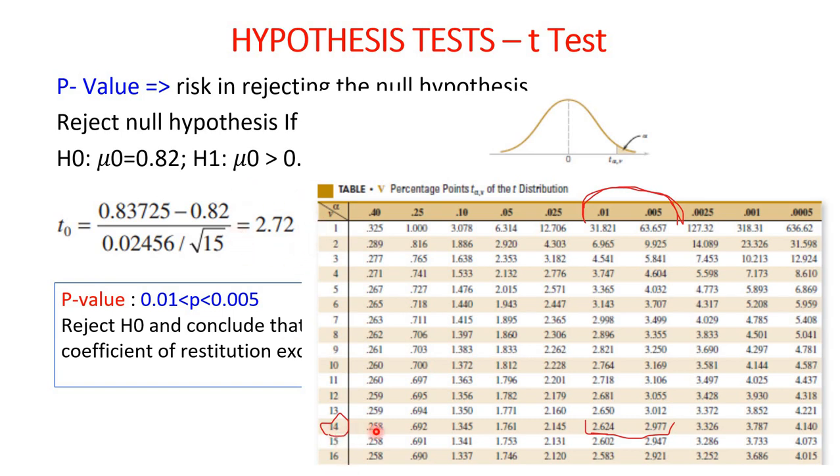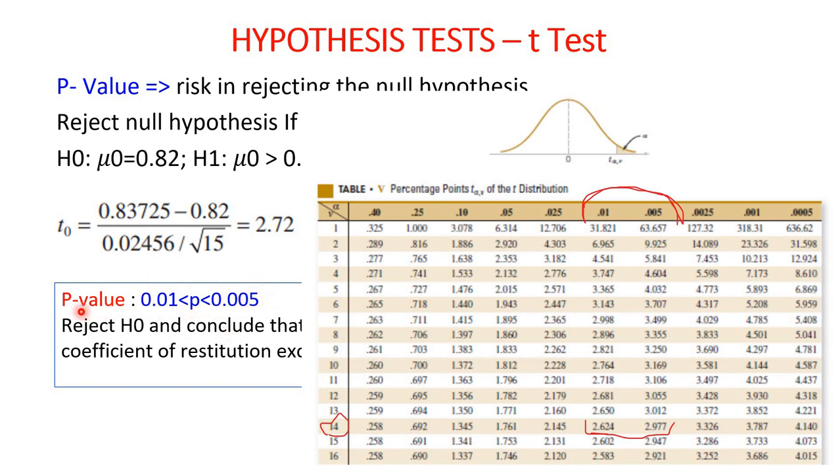In degrees of freedom 14, the value 2.72 lies between the alpha values 0.01 and 0.005. So this is called the p-value. The p-value is greater than 0.005 and less than 0.01.